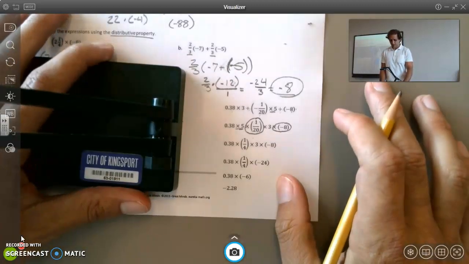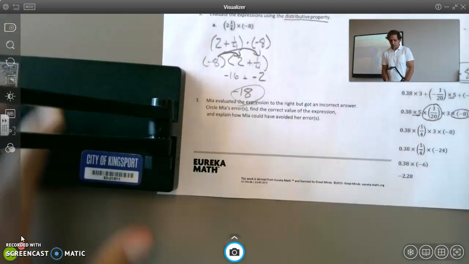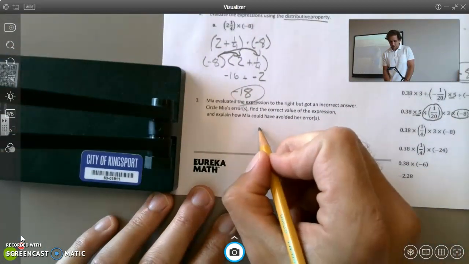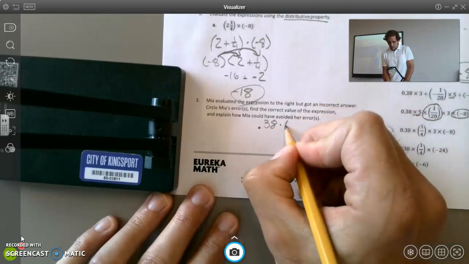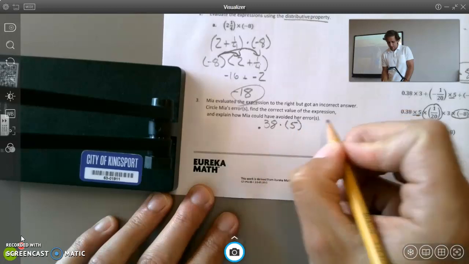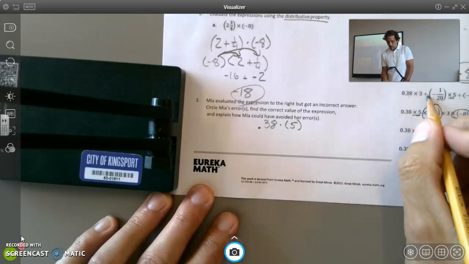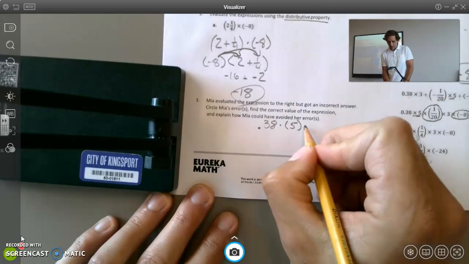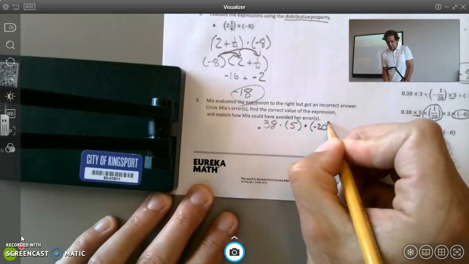Okay. So I would rewrite this. We need to do it correctly, so let's rewrite how it should be. This is 38/100 times 5, we can move it like that, divided by negative 1/20. So it's actually going to be times negative 20, right?